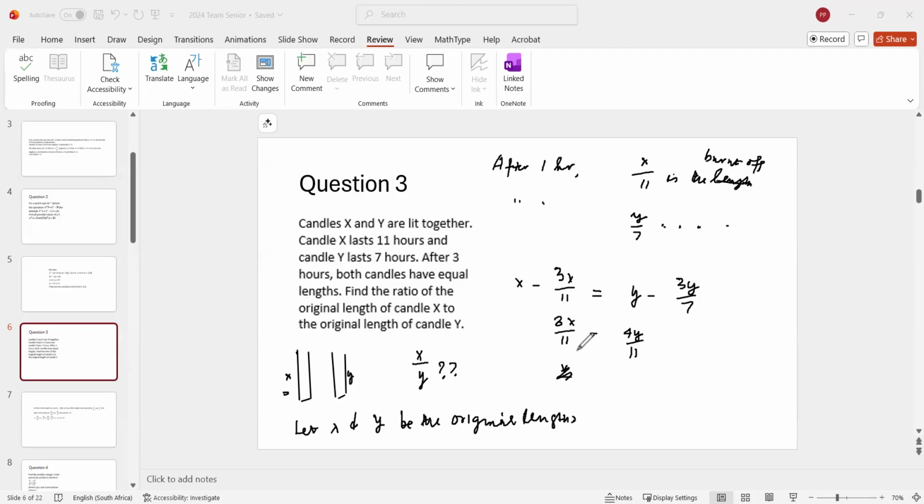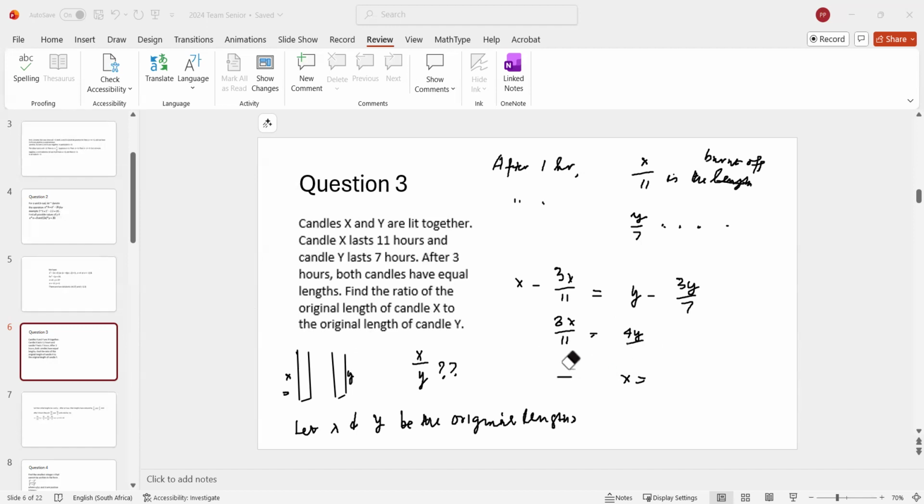Okay, let's cross multiply. 8x times 11 is 88x equals cross multiply is 44 over 7. Sorry.